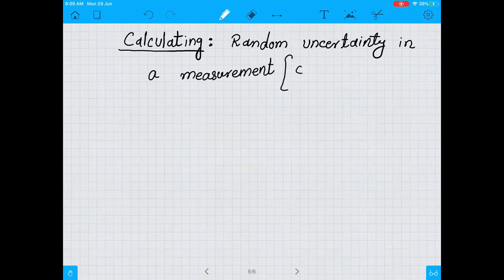This topic is called compounding errors. In your syllabus, the topic is called compounding errors.